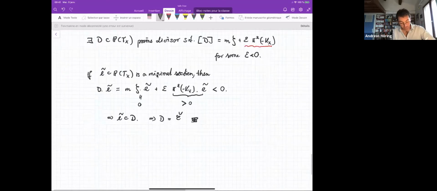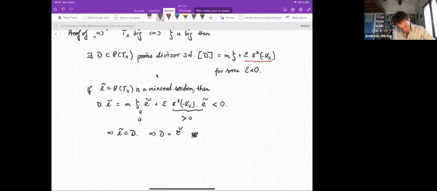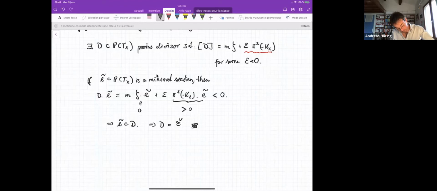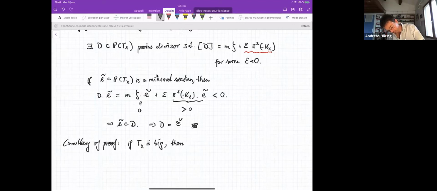And what you also get as a corollary of this proof is that if Tx is big, then this divisor C-check, I mean, if it's a divisor, it's a negative divisor, in the sense that you've just seen that its intersection with all the minimal curves is going to be negative.